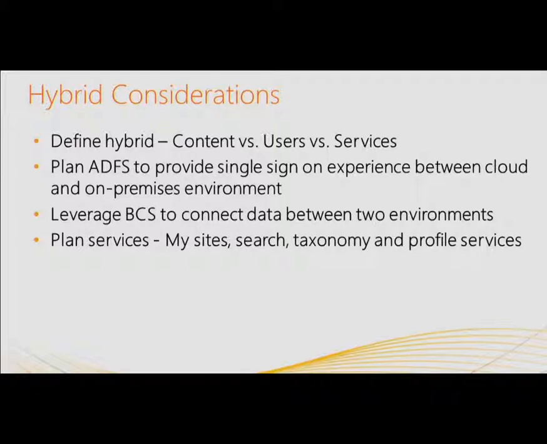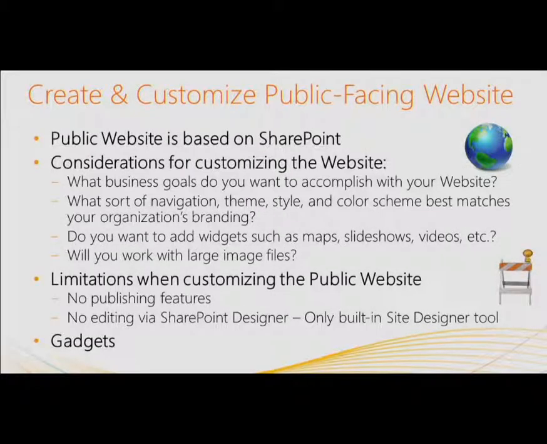So, plan eventually for single sign-on, the session that we delivered yesterday about federated identity. Plan with the customer if SharePoint Online will need to access external data sources using Business Connectivity Services. Plan for taxonomy, search, My Site, profile, and so on. And eventually, with SharePoint Online, you need to work with your customer to evaluate a possible public-facing website.